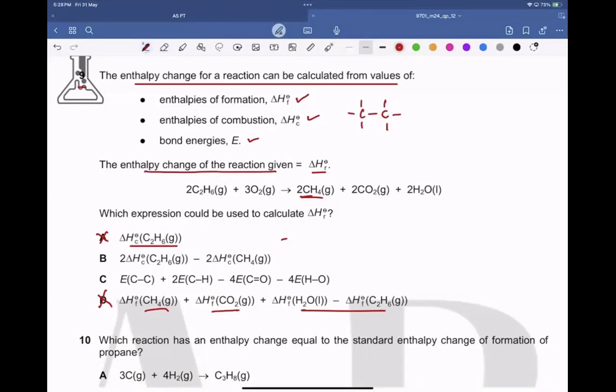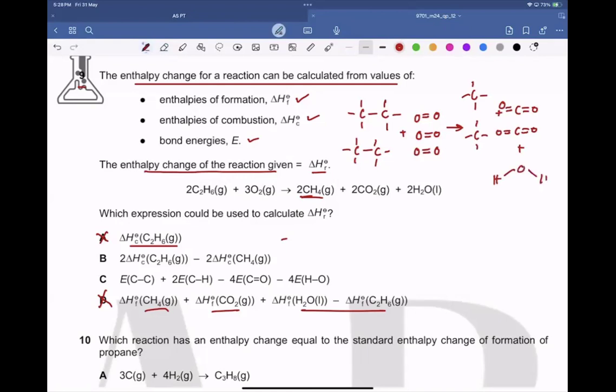So there are, if you see, 2 moles plus 3 moles of oxygen, giving you 2 moles of methane. I'm not making hydrogens, okay? 2 moles of carbon dioxide and 2 moles of water.